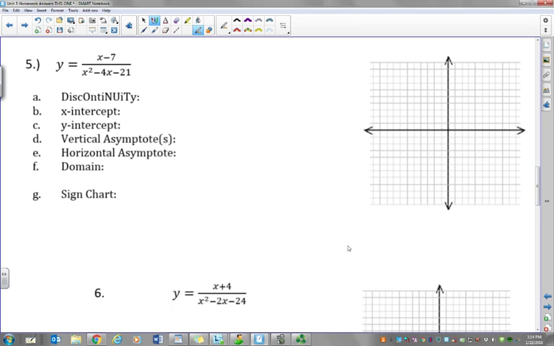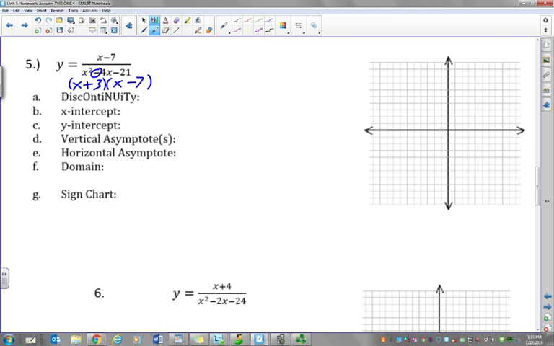Number 5 now. Again, we want it in simplest form. Give it a try first. Don't wait for me. You try it. What are factors of 21? Did you say 7 and 3? Good. The negative symbol goes with the larger number, so negative 7 and 3, because negative 7 and a positive 3 is negative 4.